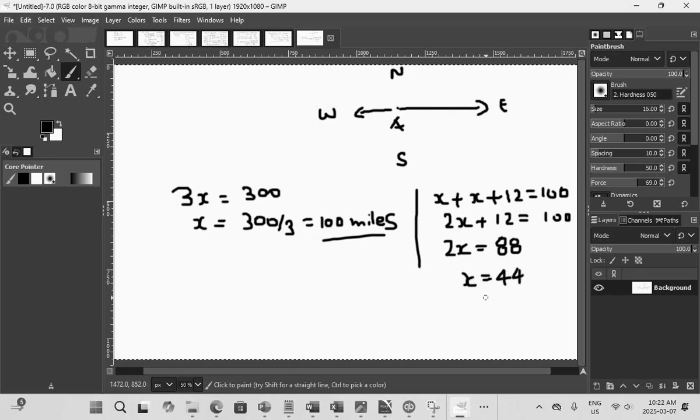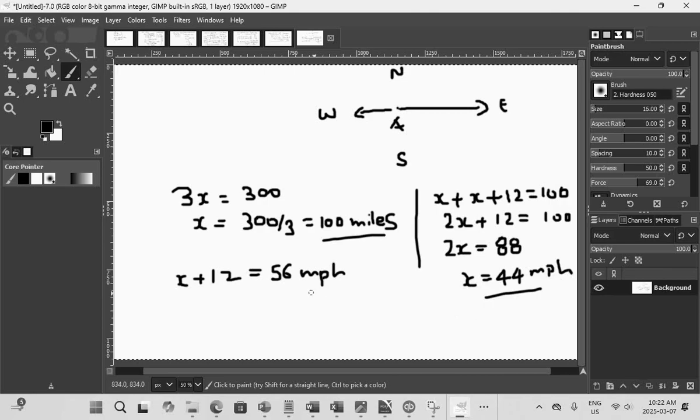So the first train will be traveling at a speed of 44 miles per hour. And the second train is 12 miles per hour faster, which means 44 plus 12. This will be 56 miles per hour, mph, miles per hour.